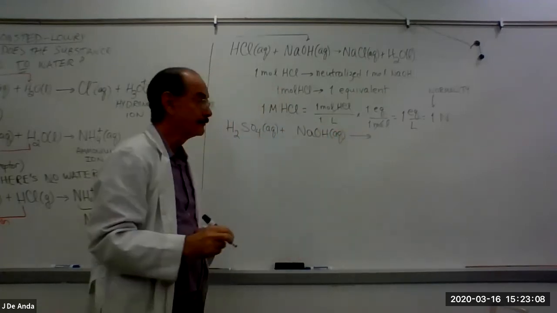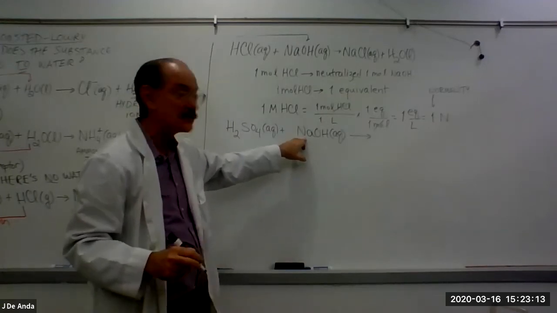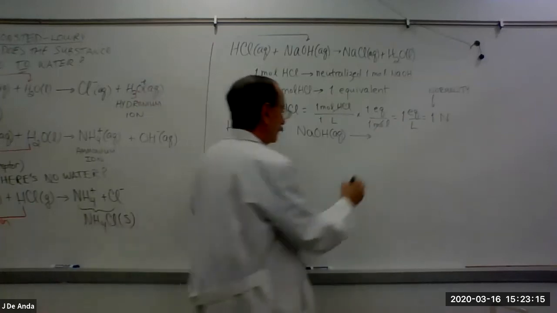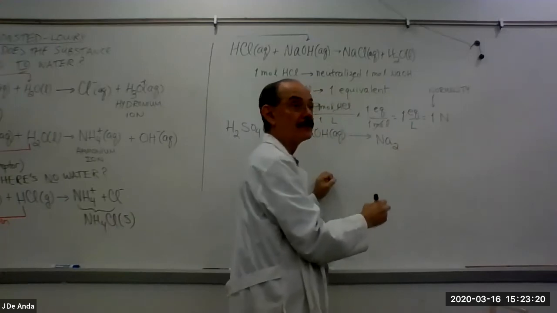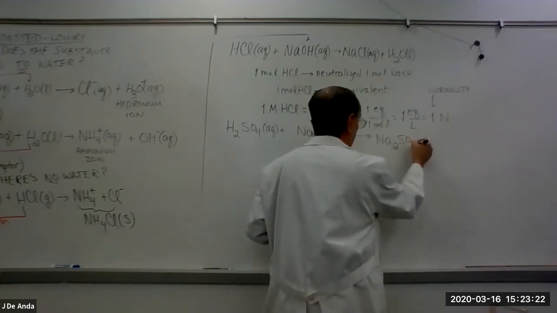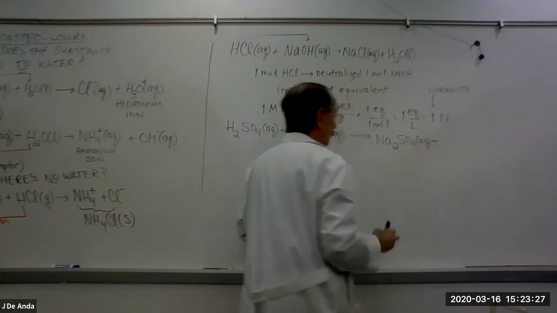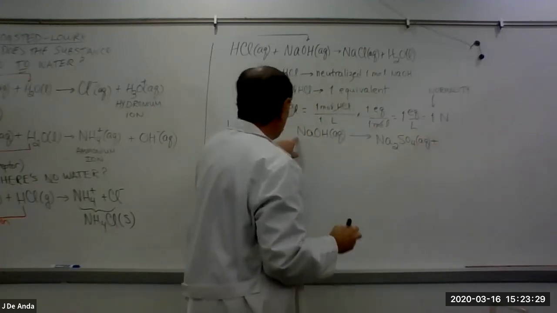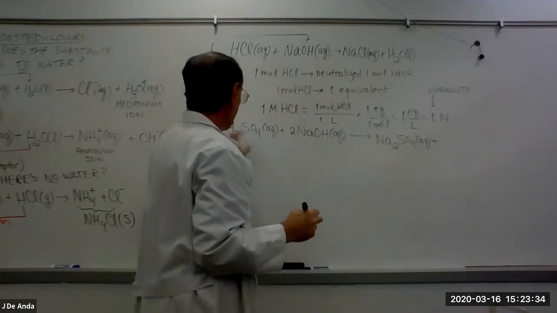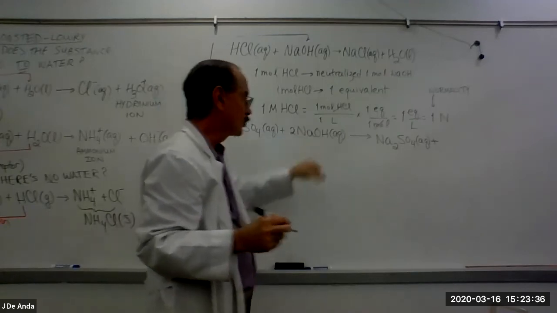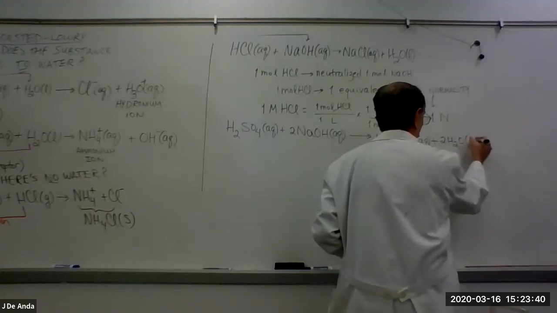Now, in this case, my product is going to be a salt again, but this is sodium sulfate, which means I need 2 sodiums for every sulfate ion. And so because of that, I had to balance that equation over here. And that means that I'm going to have 2 hydrogens and 2 hydroxides producing 2 molecules of water.